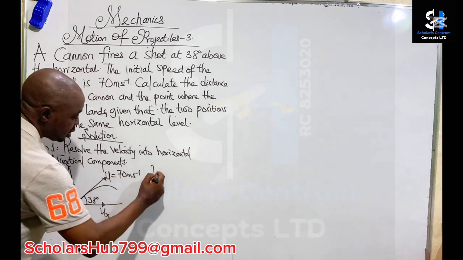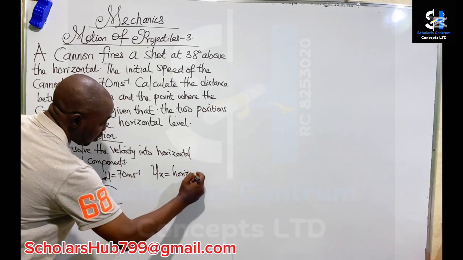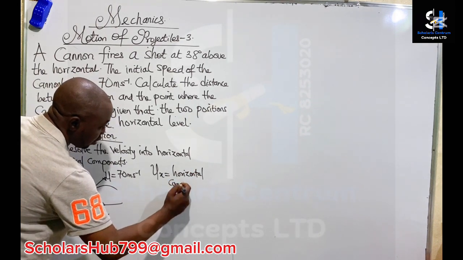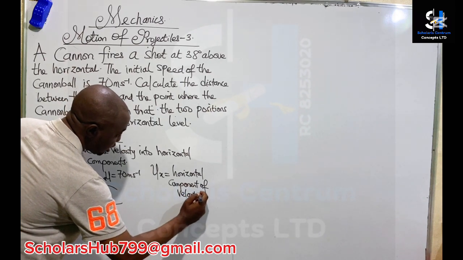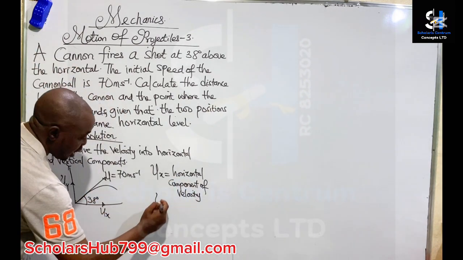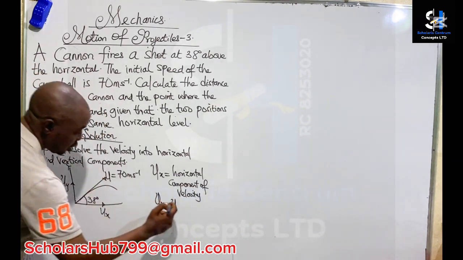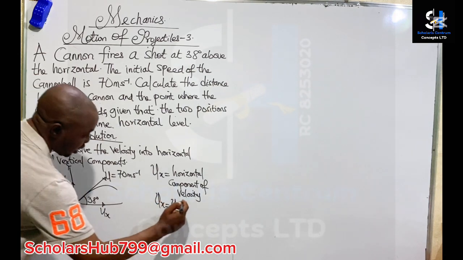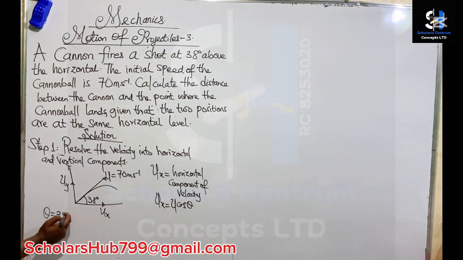Now ux represents the horizontal component of velocity, and the formula will be ux equals the velocity of projection times cos of the angle of inclination. The angle of inclination is 38 degrees and the velocity of projection is 70 meters per second.